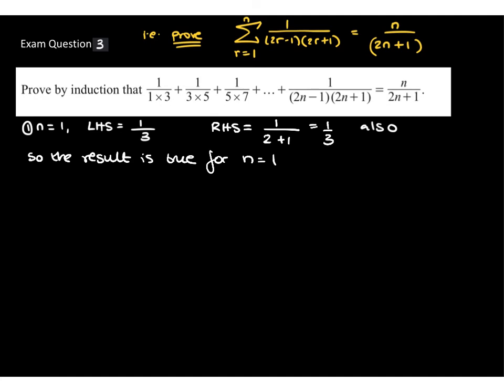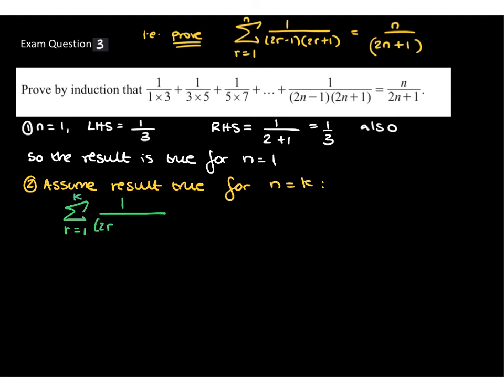So now let's make our big assumption that the result is true for some integer n equals k. Now we must write out what we mean by that. So we are saying that the sum between r equals 1 and k of 1 over 2r minus 1 to r plus 1 is equal to k over 2k plus 1.